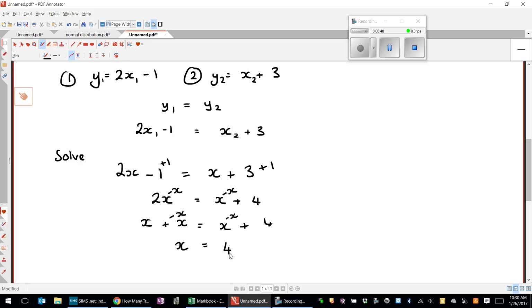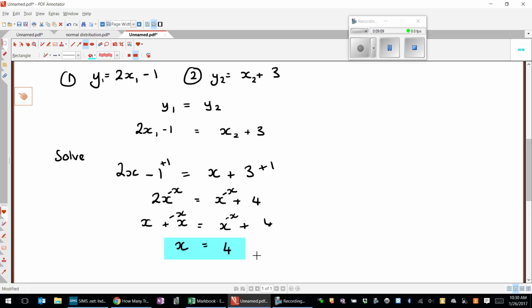Okay, so far I've found the x coordinate, but that's not one solution, sorry, that's one part of the solution. So I know that when x is 4 and it goes in, I should get the same answer.